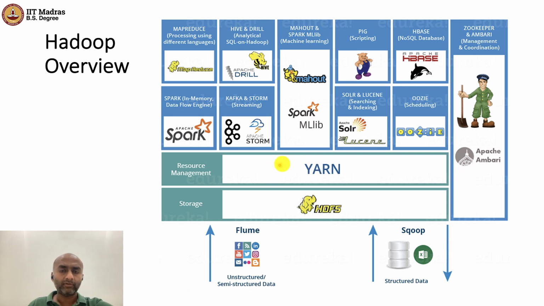That layer was called YARN, which stood for Yet Another Resource Negotiator. So why did this layer come about? The most important reason being the clusters which Hadoop ran were very large in size, and because they were commodity hardware, you could have any number of things failing at any point in time.